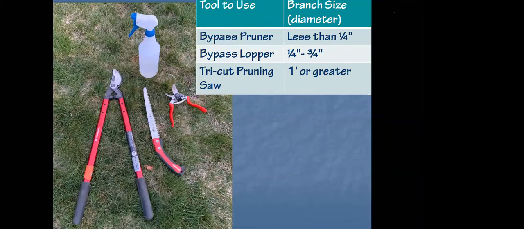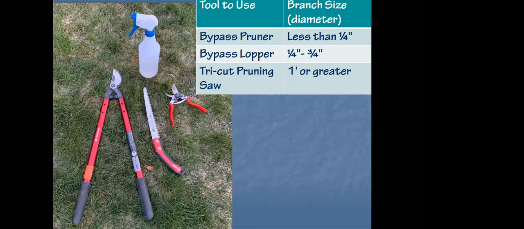Tools. Really, what kind of tools should you have for pruning? The three that I like the most, and that will get you by most easily, are these three right here. The bypass pruner, the bypass lopper, and a tri-cut pruning saw are probably the most common tools used by homeowners.